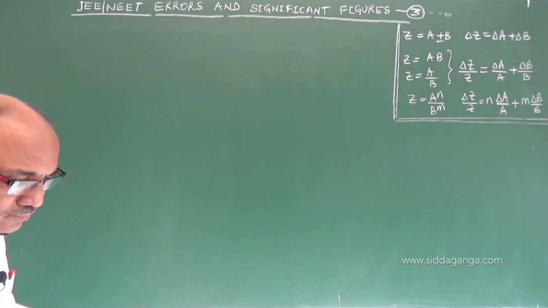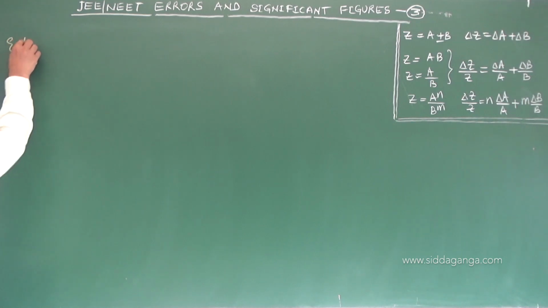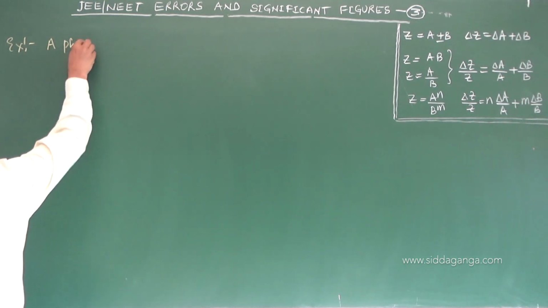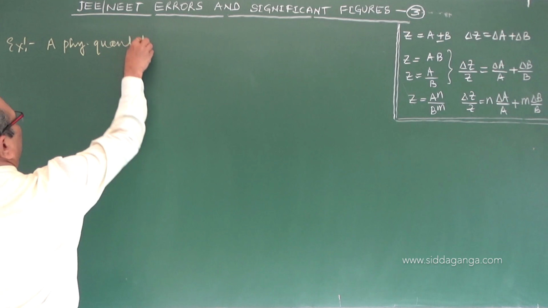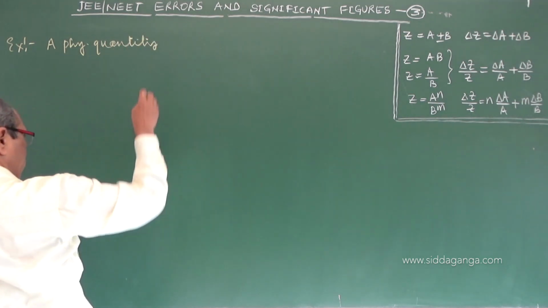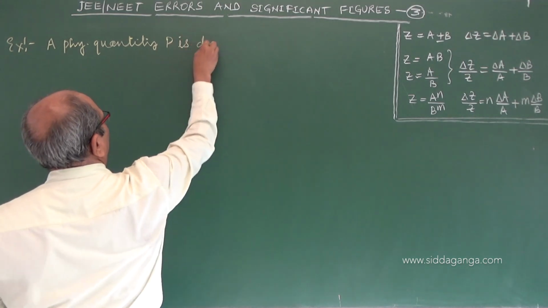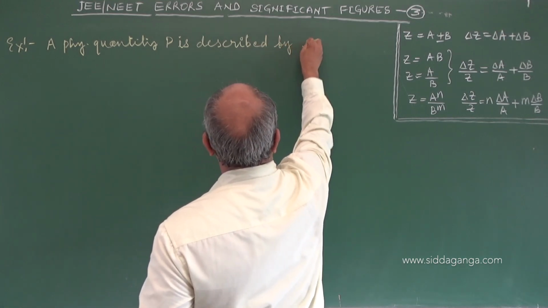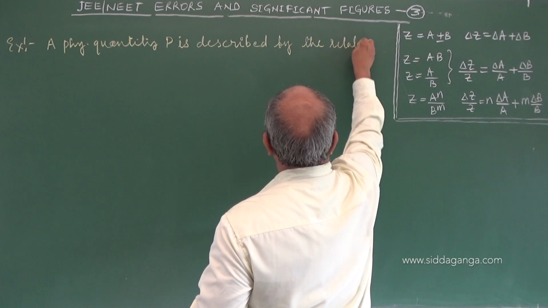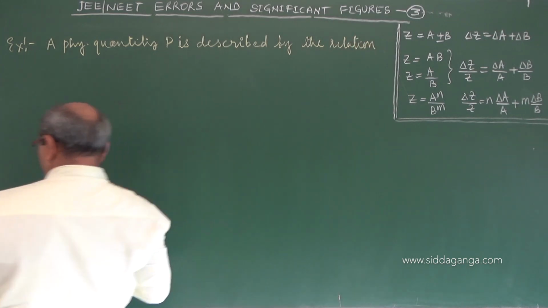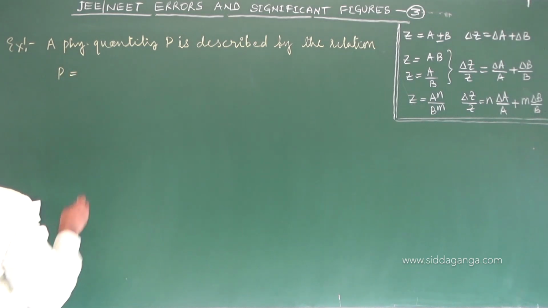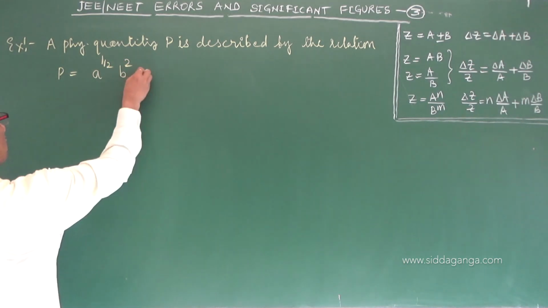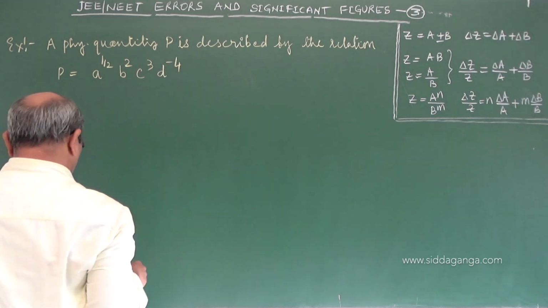Next example. A physical quantity P is described by the relation P equals a power half b square c cube d power minus 4.